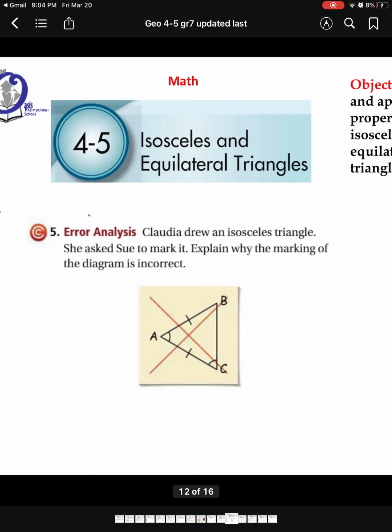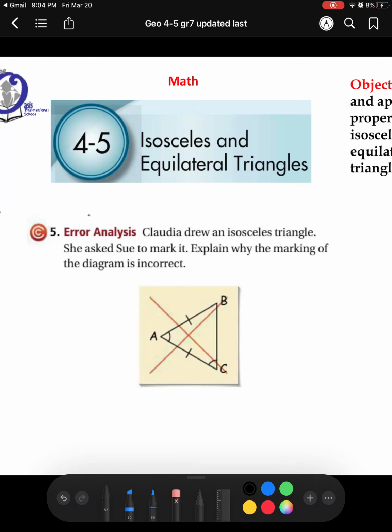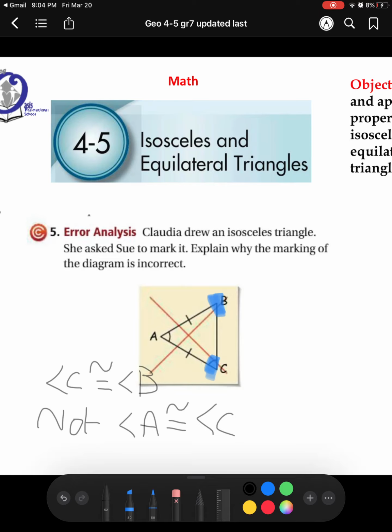What is the result? That the base angles are congruent. Where are the base angles? C and B. So Claudia should mark angle C congruent to angle B, not angle A congruent to angle C, and this is her mistake.